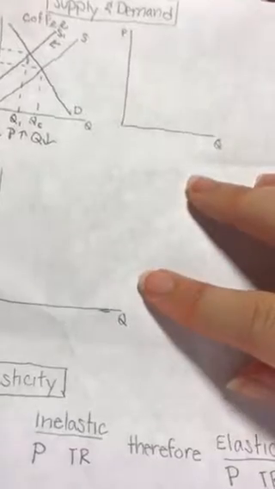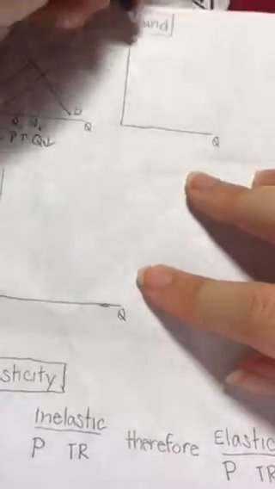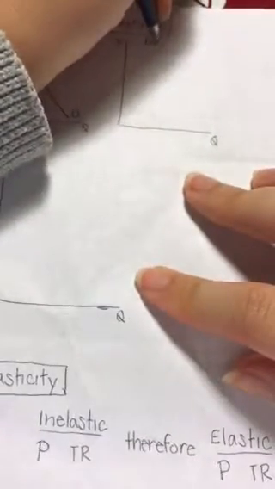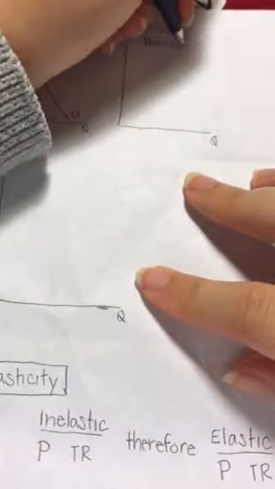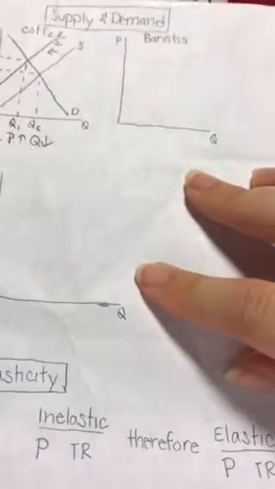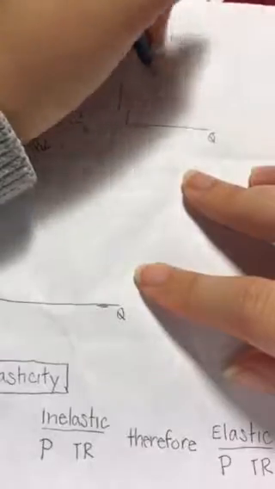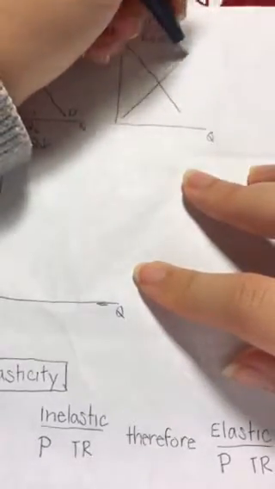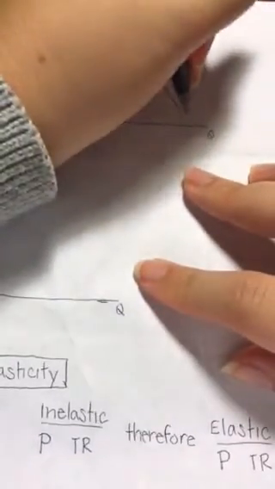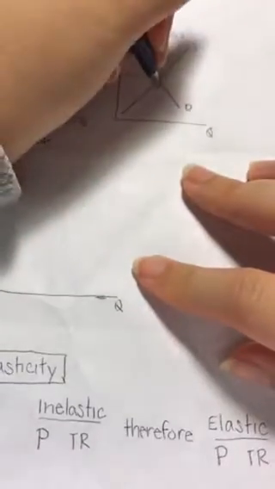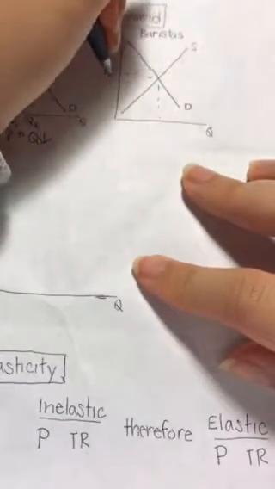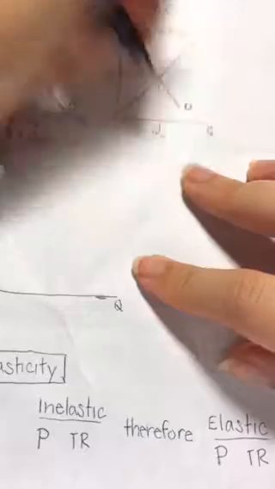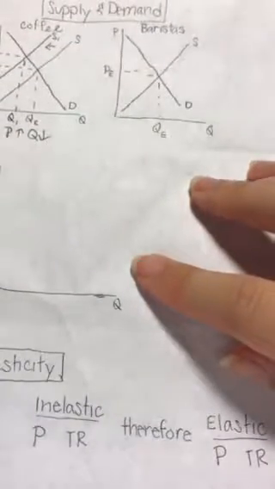Let's move on. Let's go to another market. Let's say baristas. We're making some connections here. Baristas, that's talking about the labor market, which is also going to have the same supply and demand lines. So again, I'm going to label. Okay.